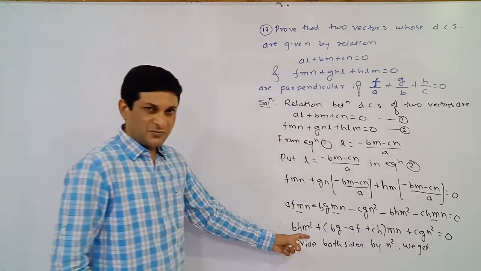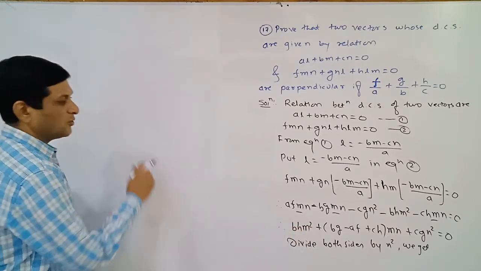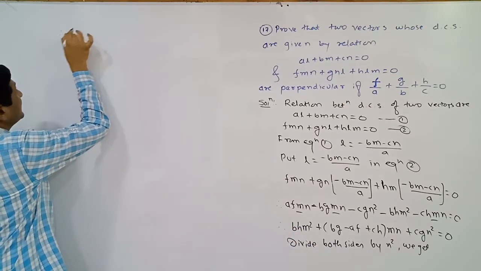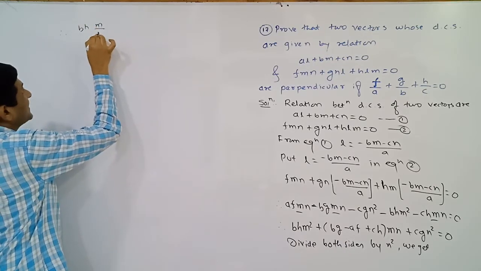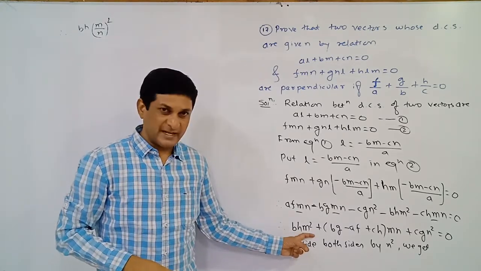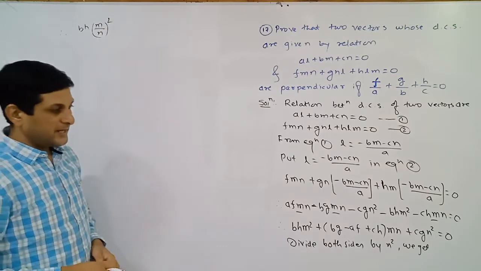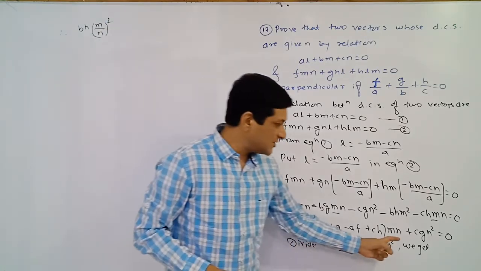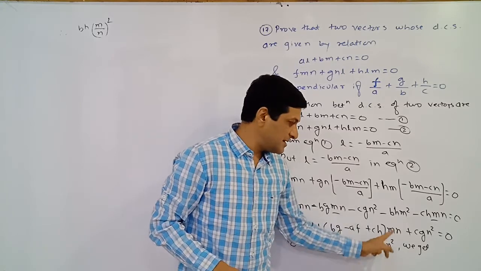If I am dividing the first term by N square, here we will get BH, M upon N whole bracket square. M square upon N square can be written as the square of M upon N. If I am dividing here by N square, N and 1 N will get cancelled. So here we will get M by N.